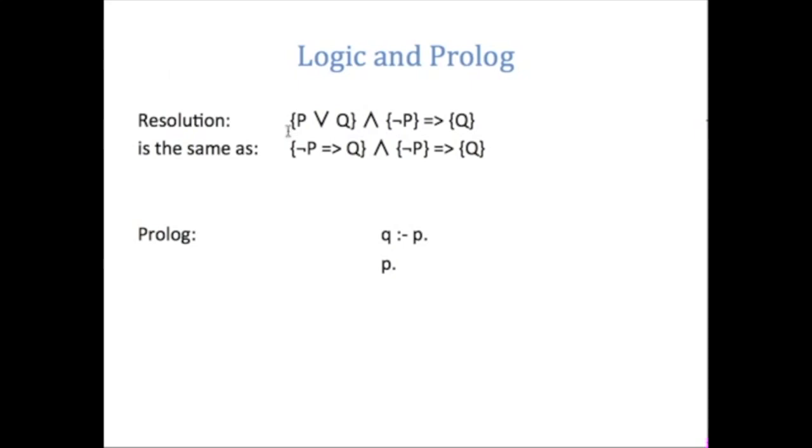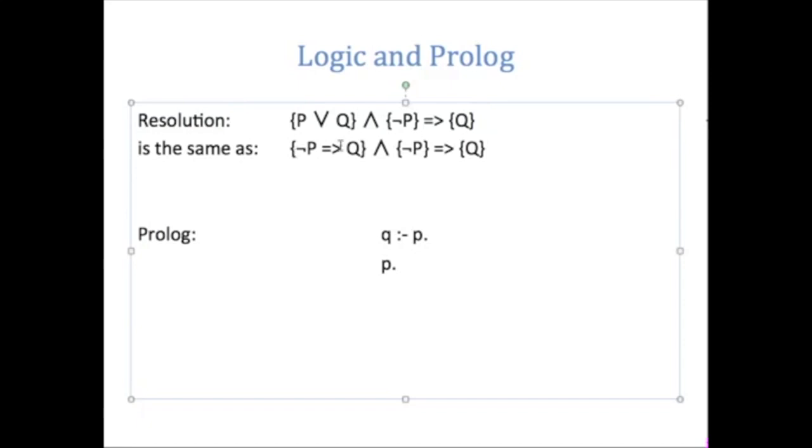It's basically the same as before, except I've got P or Q and not P or nothing. So I can conclude, based on what we did before, that either P is true, in which case Q is true, or P is false, in which case nothing. So I've got basically Q or nothing, which reduces to Q.